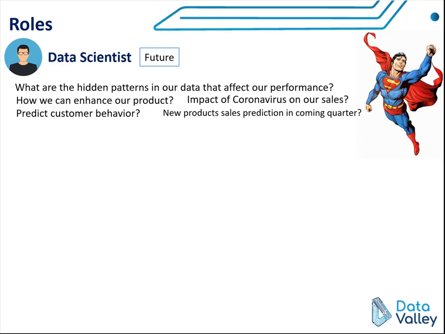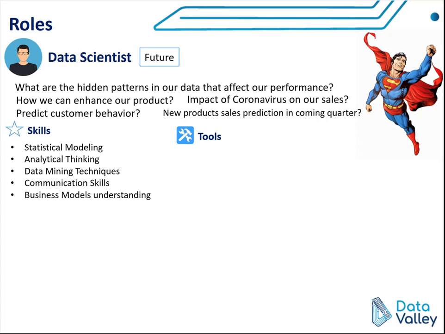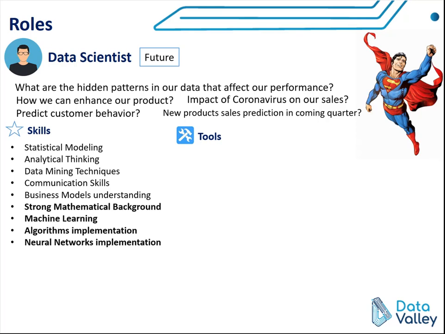Now let's move to the general skills and tools that any data scientist needs. First, we will talk about skills. Data scientists and data analysts share a lot of skills, and this is normal, as a big part of a data science job is to analyze and understand data. That's why statistical modeling, data mining, and analytical skills are needed by the data scientist, the same as by data analysts. We have additional skills for data scientists.